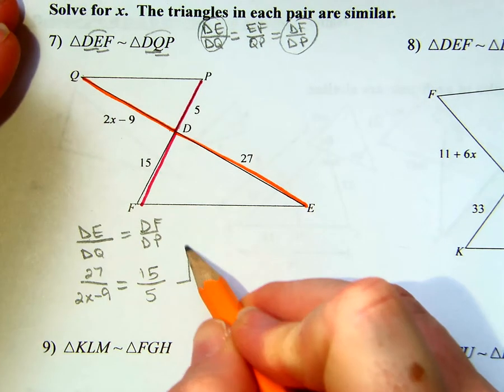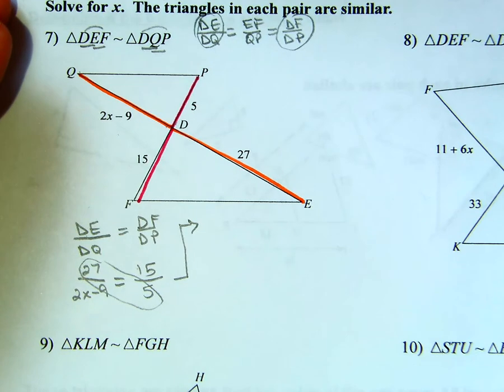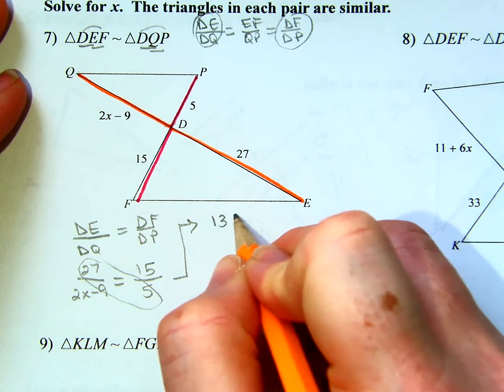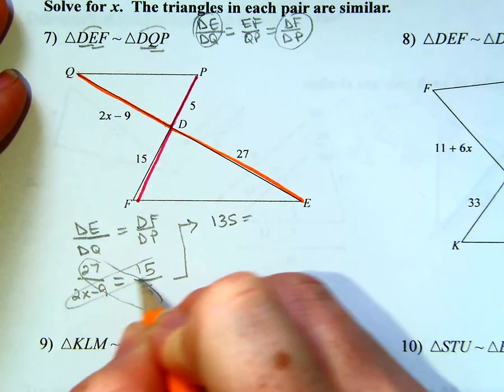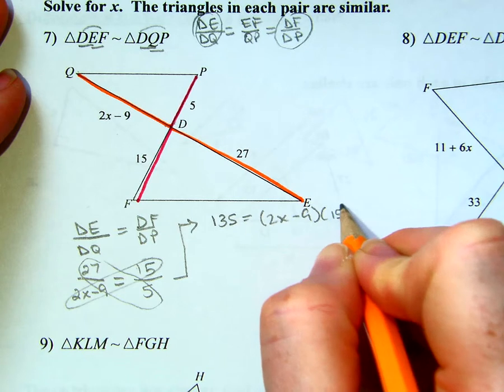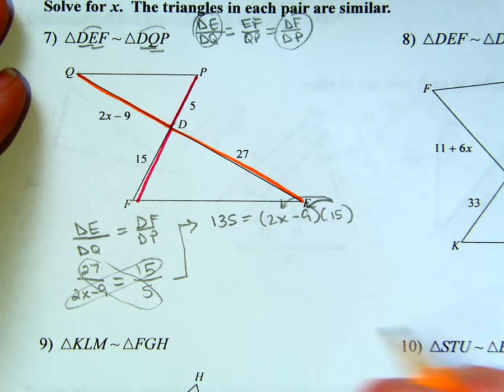And now I'm going to cross multiply. So 27 times 5, let me not mess that up. 27 times 5, we've got 135, is equal to 2x minus 9 times 15. So I'm just going to multiply in.